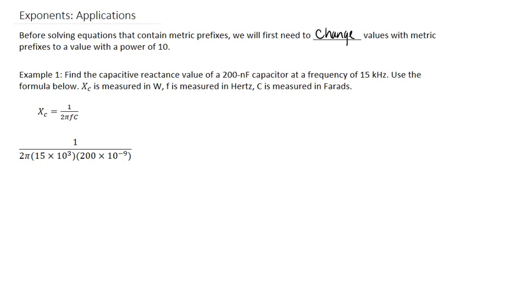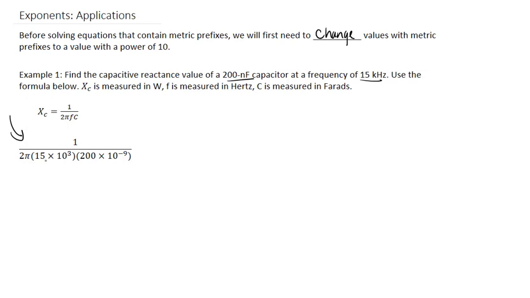Use the formula below, where Xc is measured in ohms, f is measured in hertz, C is measured in farads. So when we plug in all these things, we get a new equation that looks like this, rather than putting 200 or 15.